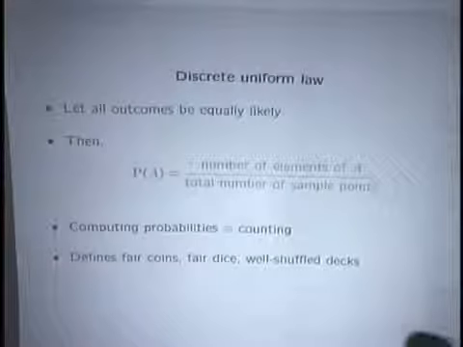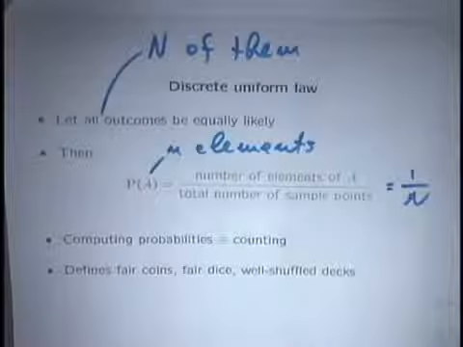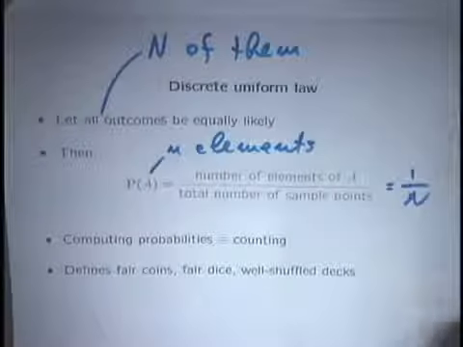But when things are that way, if all outcomes are equally likely, and we have capital N of them, and you have a set A that has little n elements, then each one of those elements has probability 1 over capital N. Since all outcomes are equally likely, and for probabilities to add up to 1, each one must have this much probability. And there's little n elements. That gives you the probability of the event of interest.